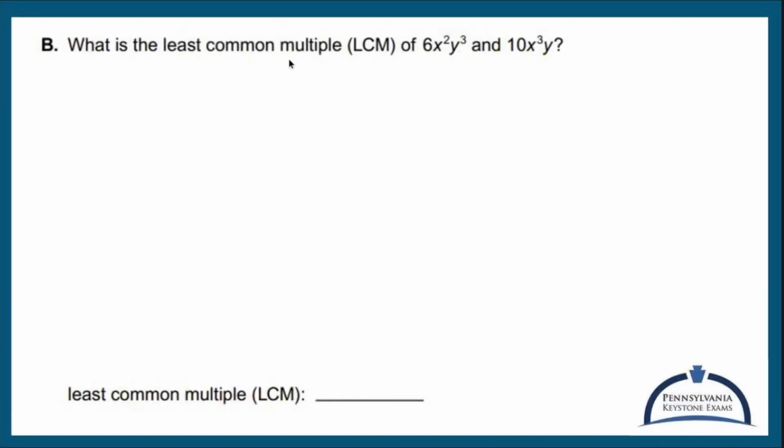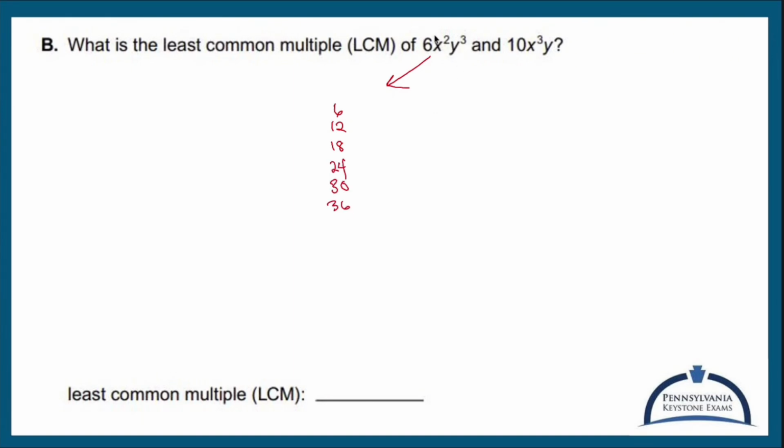What is the least common multiple of 6x squared y cubed and 10x cubed y? Well, let's figure out all the multiples that give me 6 and 10. I kind of have it in my head, but let's do this one step at a time. So 6 could be 6, 12, 18, 24, 30, 36.